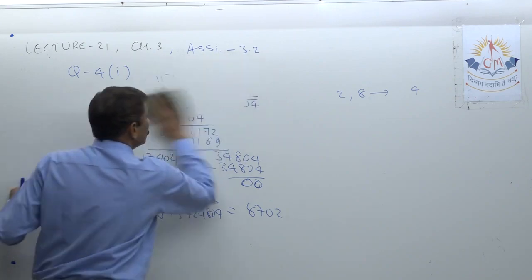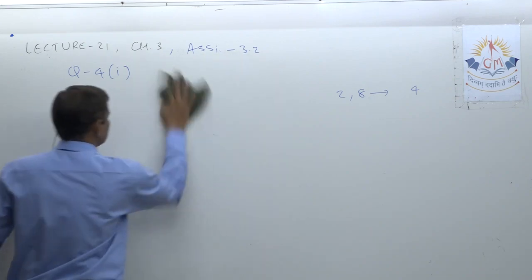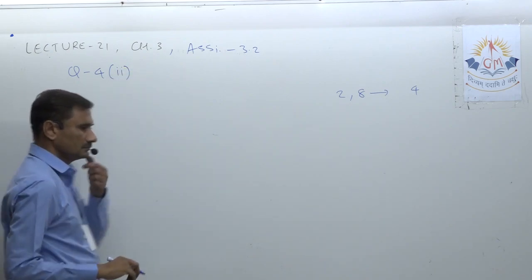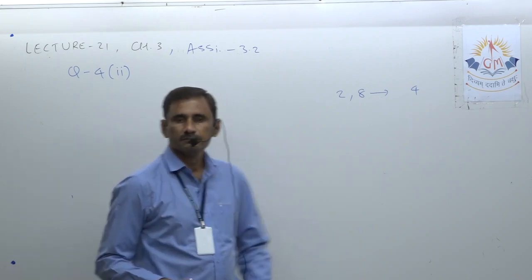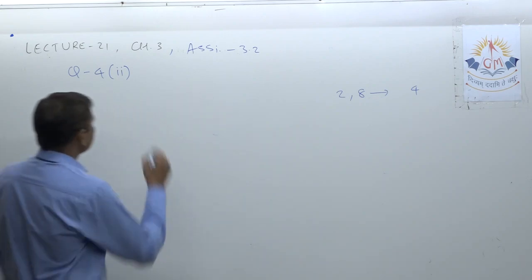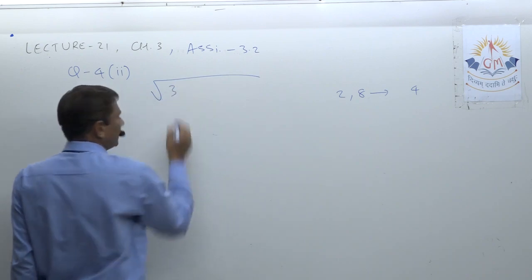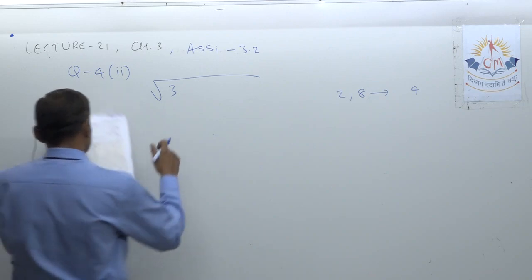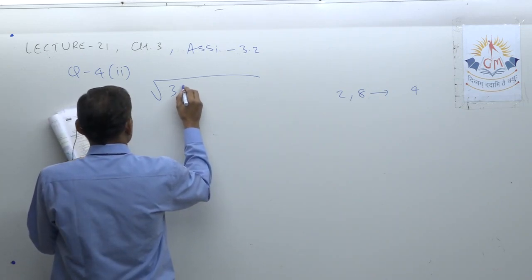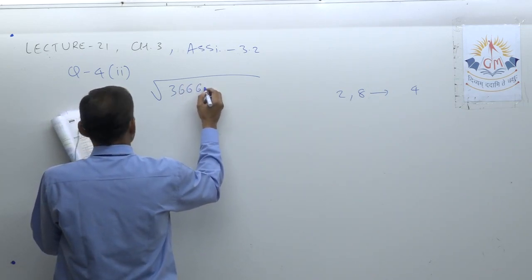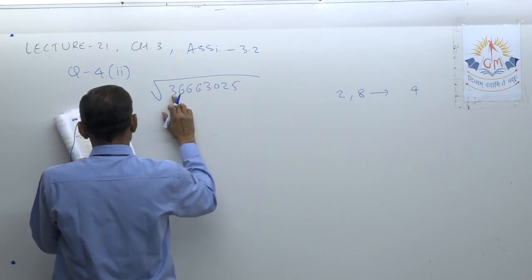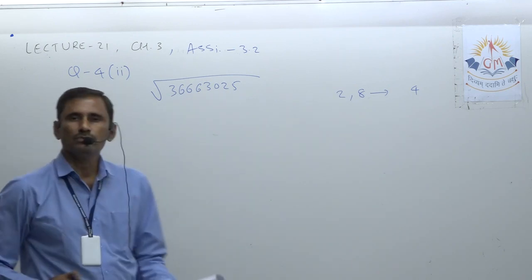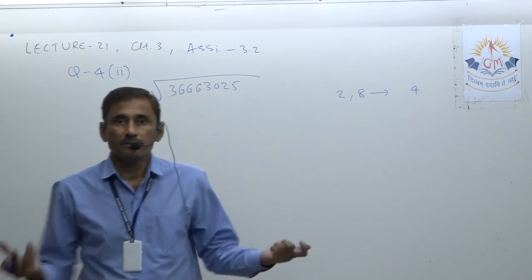So now second. Okay, it is given. Okay, let's this time be careful, because in the earlier sum we made a mistake here. 3666, 3025 again, 3025. It's okay. Otherwise it will be quite a waste of time.